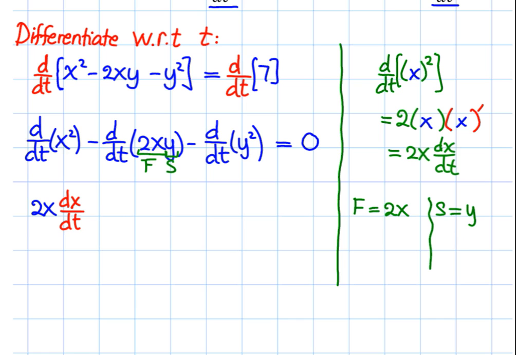And then the derivative of the first term, the derivative of 2x, or we just say d over dt of 2x. And we can take the 2 outside. We have 2 times dx over dt.